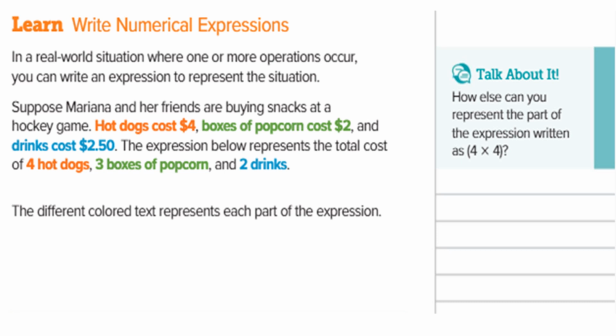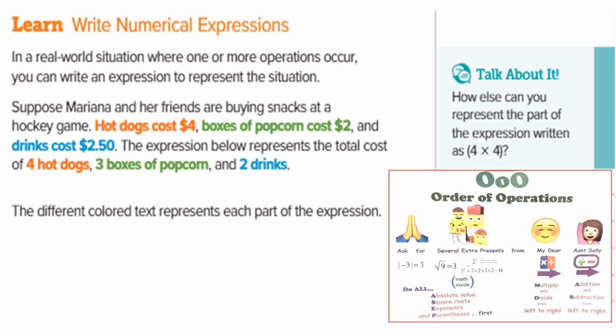So notice how they have color coded this for you, right? It helps you understand what we're doing, and we need to understand the order of operations. So if I have in orange, hot dogs cost $4 a piece, and I'm buying 4 hot dogs. And then I have my boxes of popcorn, which cost $2 a piece, but I'm buying 3 boxes of popcorn.